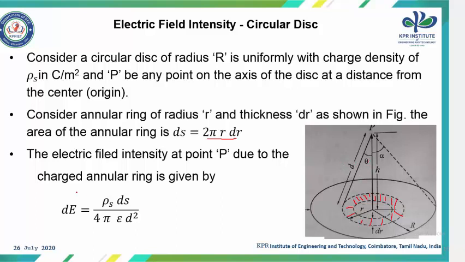The electric field intensity at point P due to the charged ring is given by dE equal to rho s into ds divided by 4 pi epsilon into r squared, but here the distance is d, therefore we use d squared here.